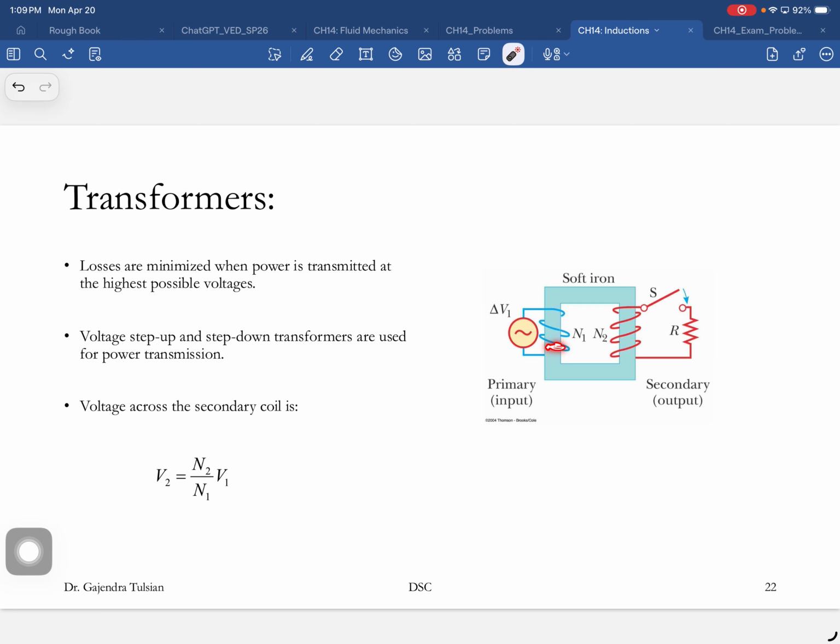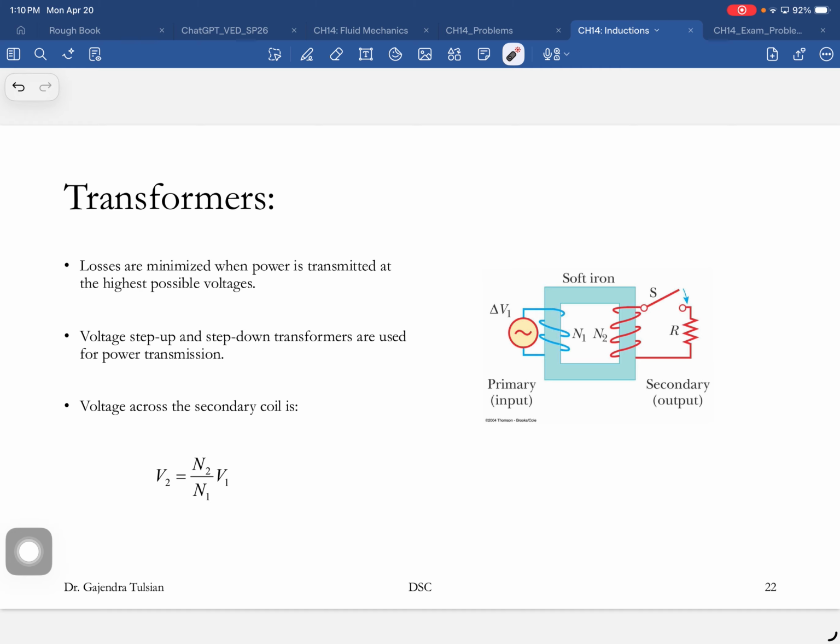So if the number of turns here is 100 times greater than that, then the voltage in the secondary coil is 100 times greater than the voltage in the primary coil. So you can have 50 volts in here, a 50 volt amplitude input signal, and you'll get a 5,000 volt amplitude.